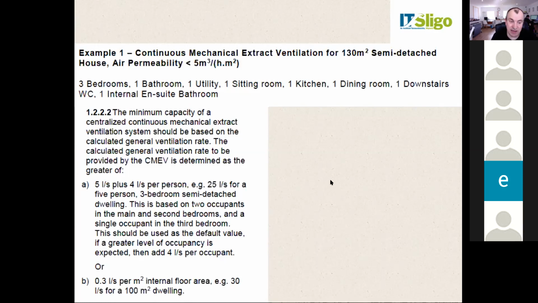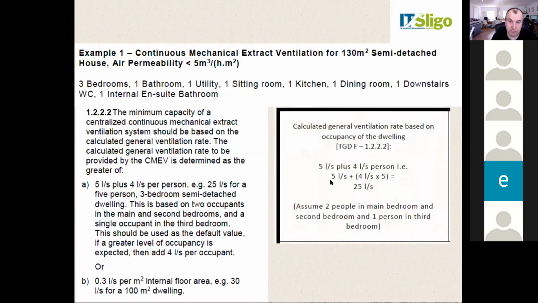So let's go on a slide. What it needs to work out is that you have 5 liters per second, and then for every person, and we just calculated that it's 5, you have 4 liters each per person.